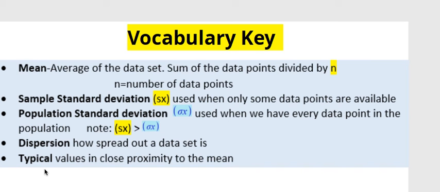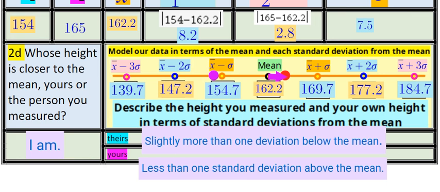And what I want you to think about is a typical value is very similar to the mean. So something closely related to the mean is considered typical. So when we go back and look at our model, generally those typical values are within one standard deviation of the mean because they're typical of our data set.